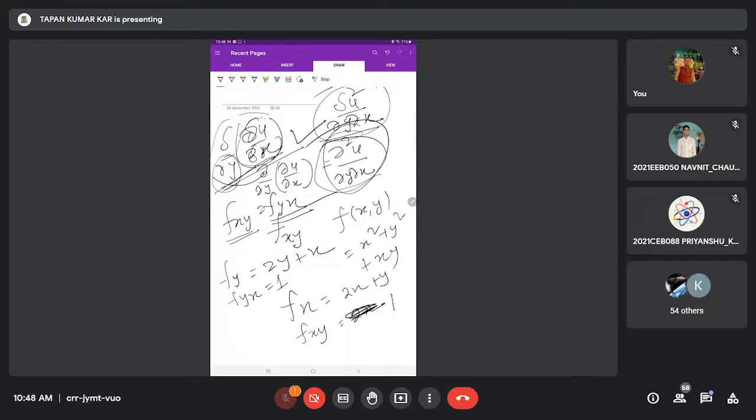There are many examples where fxy is not equal to fyx. That is, if you do the derivative first with respect to x, then with respect to y, it is not equal to first with respect to y, then with respect to x. But I would suggest you write in this way.